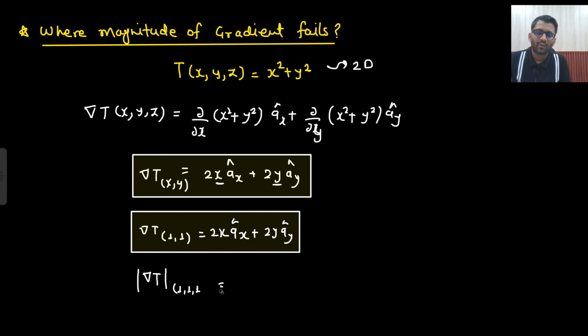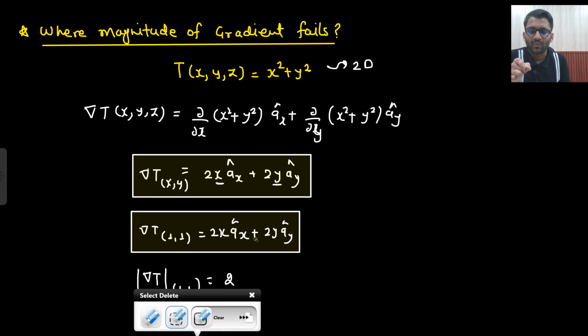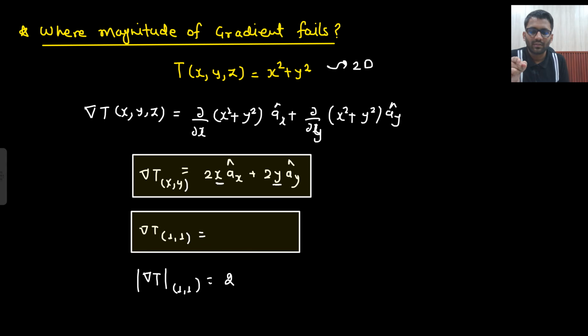So at 1 comma 1, what are you getting? What is the magnitude? At 1 comma 1 you get 2ax cap plus 2ay cap.